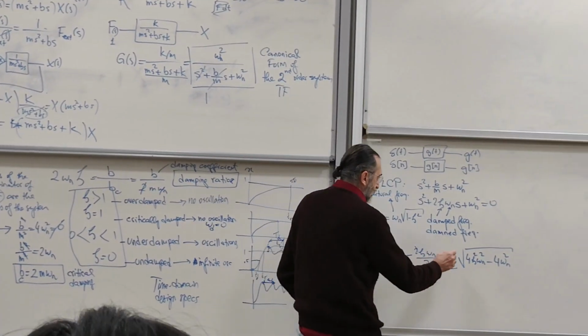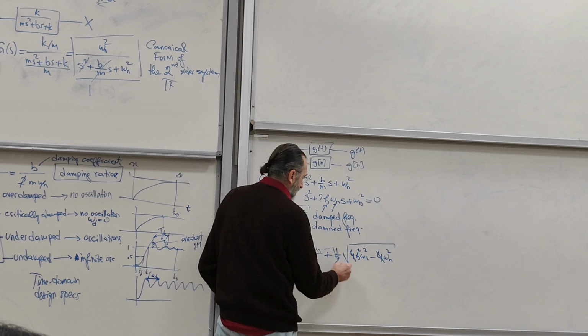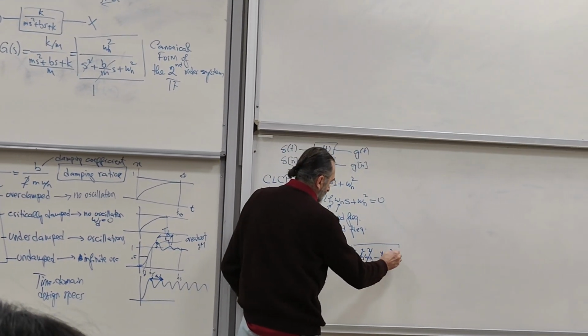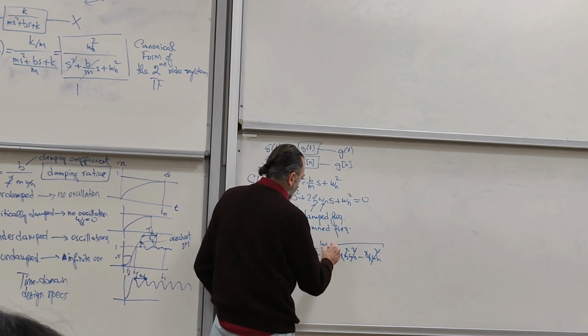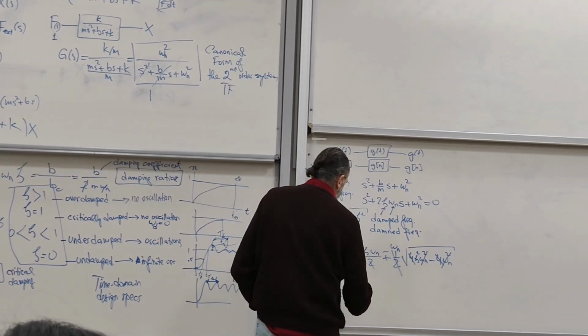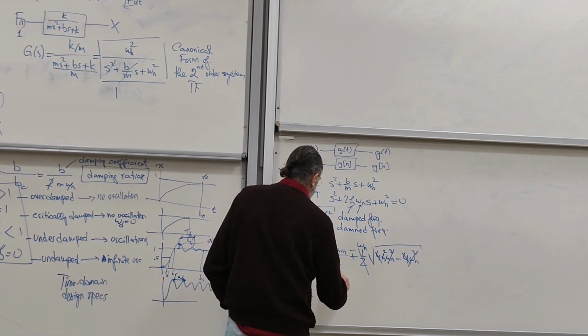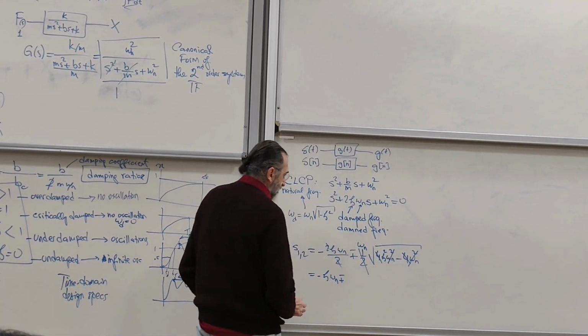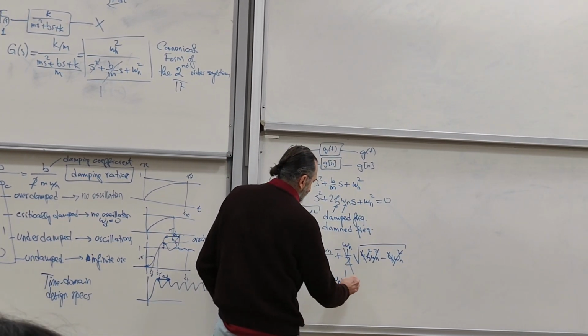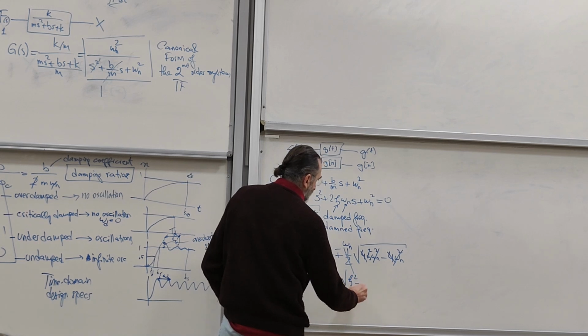And then the 4's come out as 2, and we cancel this. Omega n's come out as omega n. And we're left with minus zeta omega n plus or minus omega n square root of zeta squared minus 1.